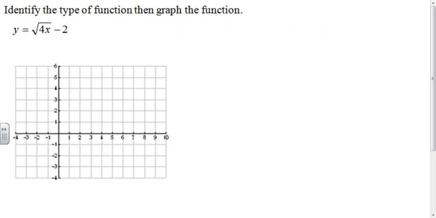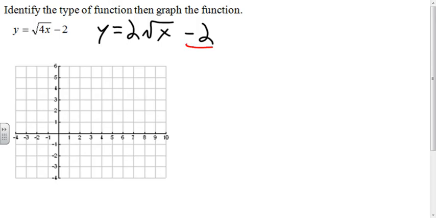Let's try it again one more time. We have y equals the square root of 4x minus 2. Now again, in this case, we can probably simplify that piece in there to say y equals, well, the square root of 4 is actually 2. So let's say 2 square roots of x minus 2.